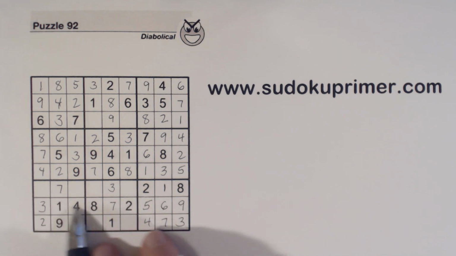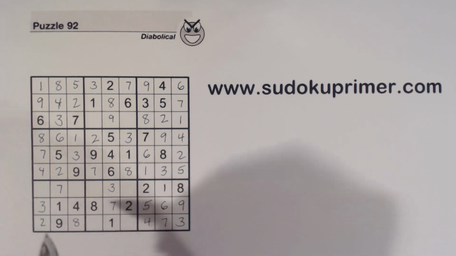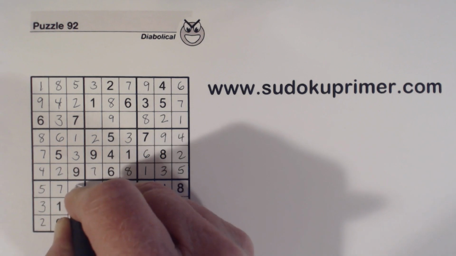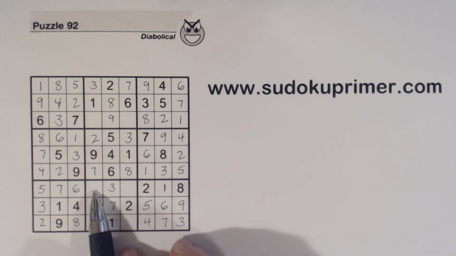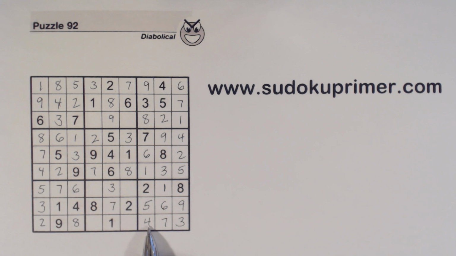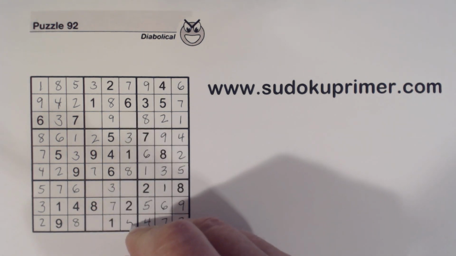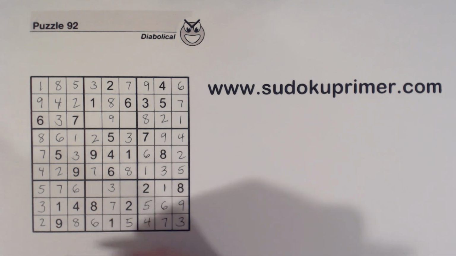Now we're missing 5 and 6 here, which we can fill in. Now we're missing 4, 5, 6, and 9 there. There's a 4 and a 9, so that's 5 and 6. 6 there, so that's 5, that's 6.